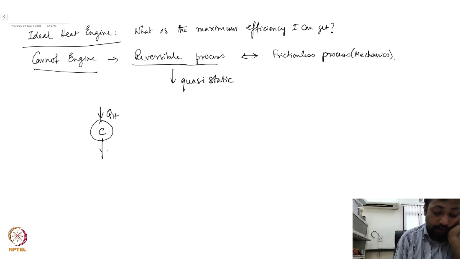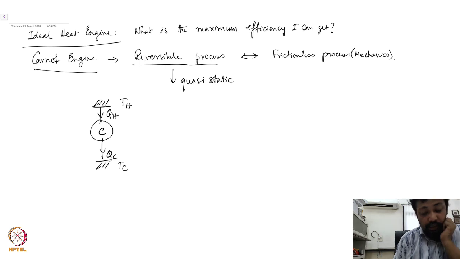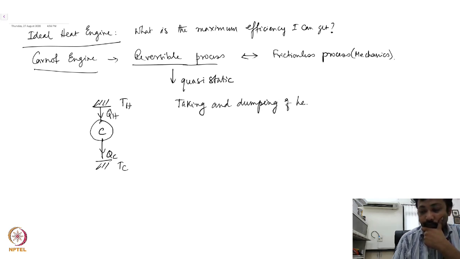It takes up a heat QH and it dumps a heat QC, and essentially in a Carnot engine, the taking up of the heat and the dumping of the heat happens at fixed temperatures.